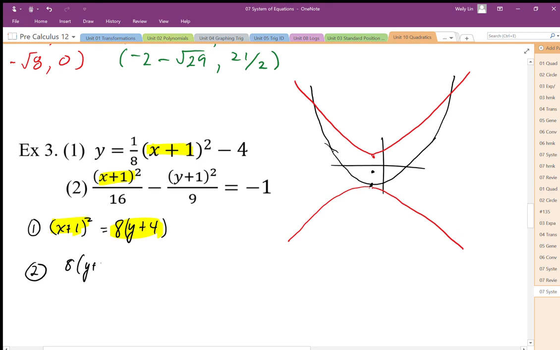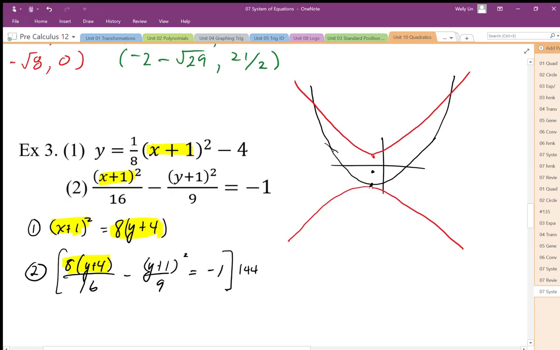8 times y plus 4 over 16 minus y plus 1 squared over 9 equals -1. So there's my substitution here. I'm going to get rid of the denominators by multiplying through by the lowest common denominator, 144.